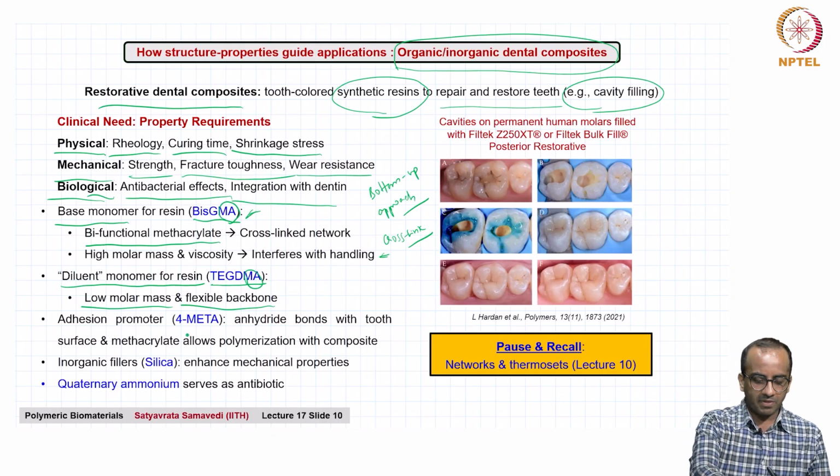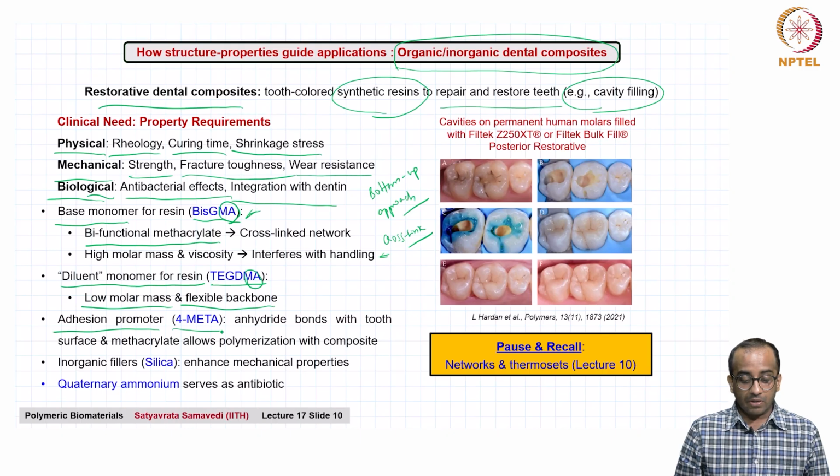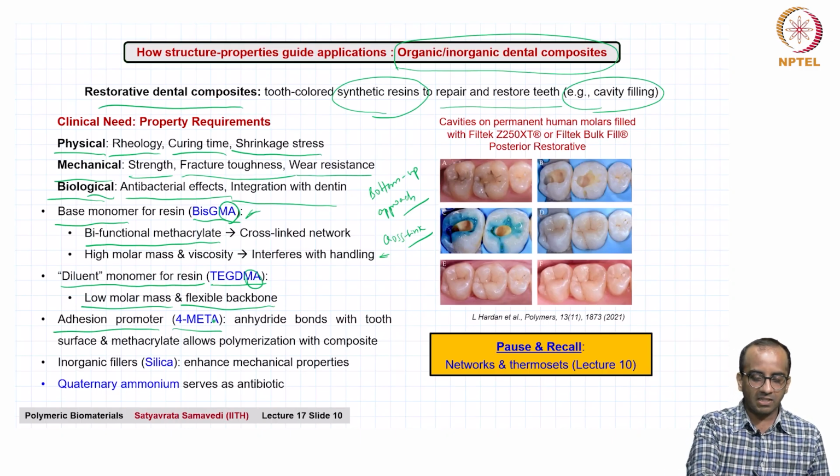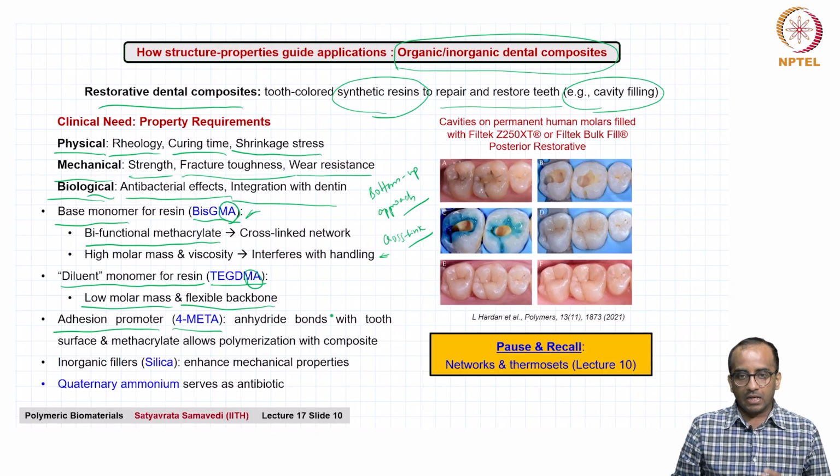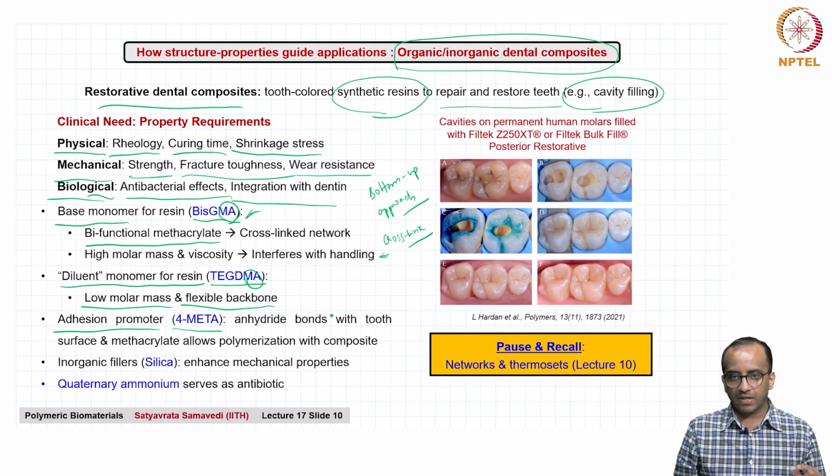You also have something called an adhesion promoter, in this case 4-META, where the M stands again for methacrylate and A stands for anhydride. In this context, you have an organic-inorganic component. The organic component is the polymer itself, which cross-links, and the inorganic component is the hydroxyapatite or the calcium phosphate found in the teeth.